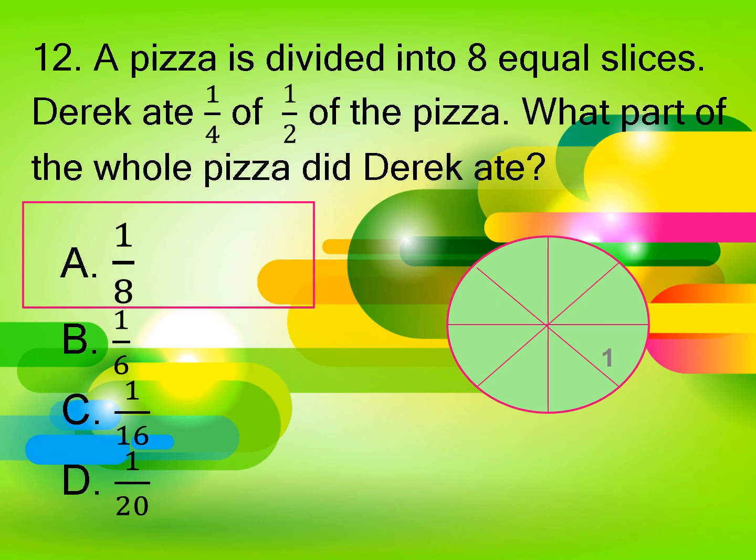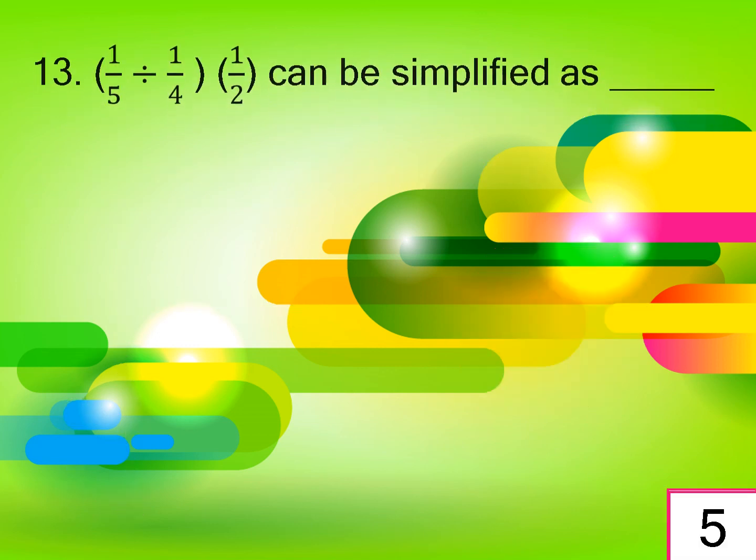And Direct 8 ate 1/4 of 1/2, so 1 part of half of the pizza. So what part of the whole pizza did Direct 8 eat? The whole pizza, 1 part out of 8. So that's 1 out of 8. So 1/8.